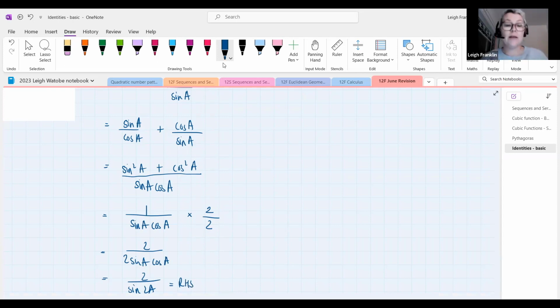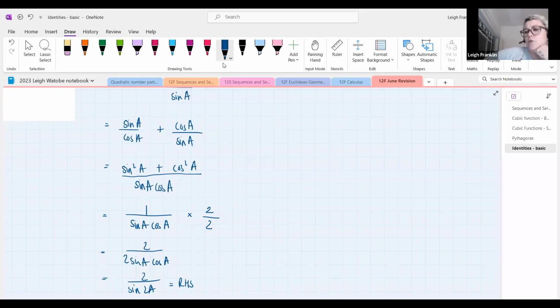Okay, Sipho, I see your hand up. Ma'am, hello. I wanted to ask if multiplying by 2 over 2 is the better option than just going to the right-hand side and changing that identity and then canceling out?